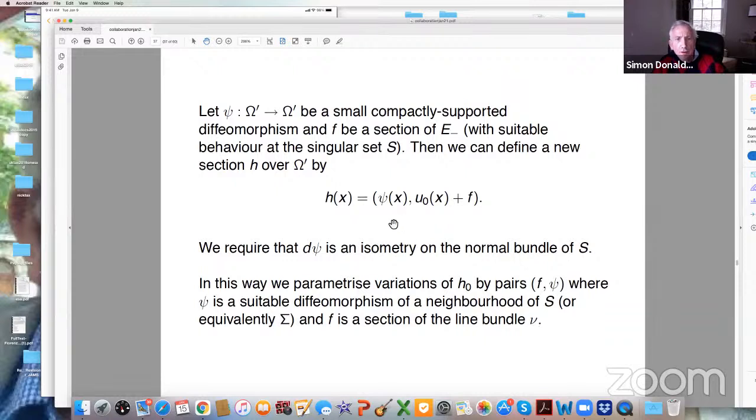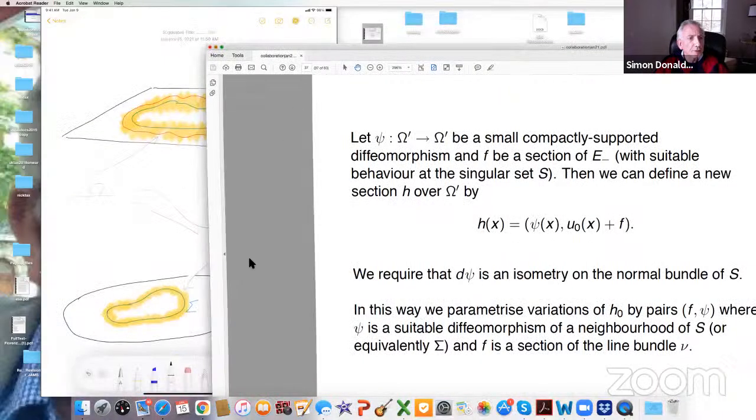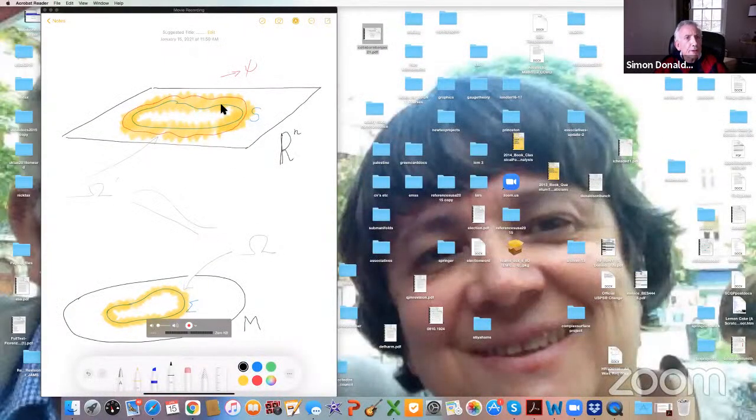So near to sigma, we're making this construction. Away from sigma, we're making the normal variation construction as we considered before. So this is a picture of our diffeomorphism that we're considering, which can move S to some nearby submanifold.